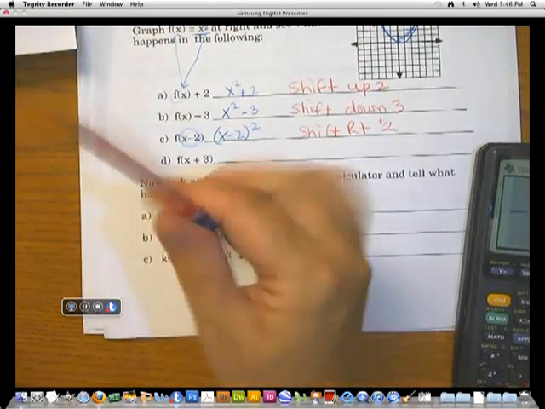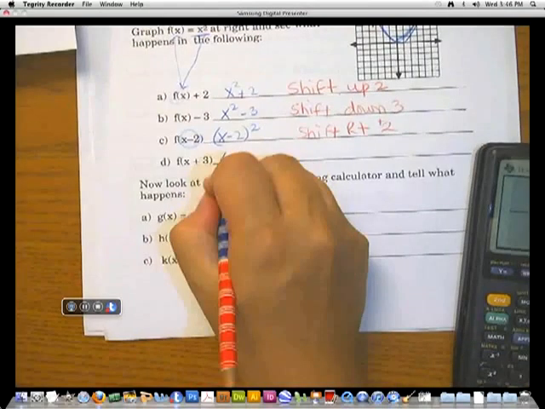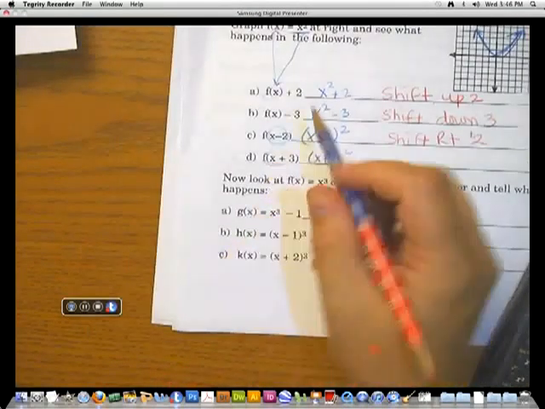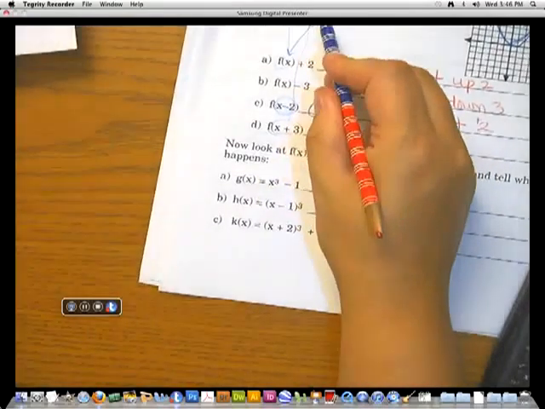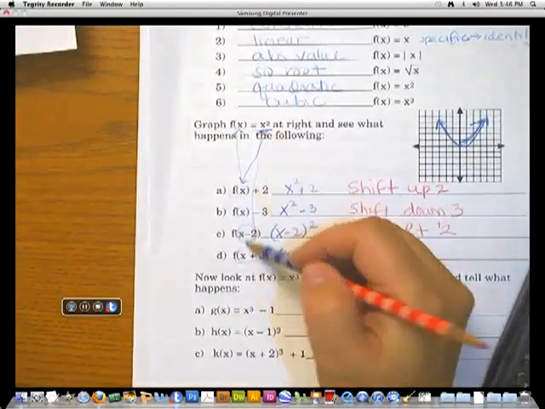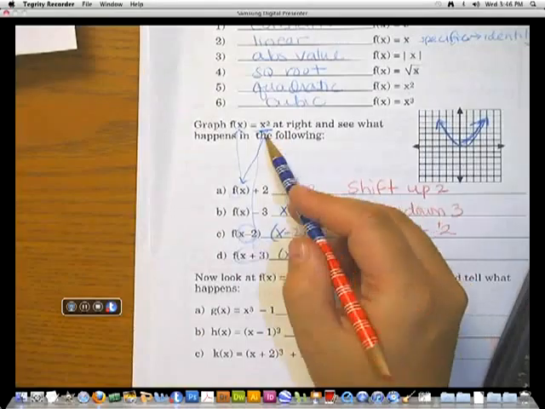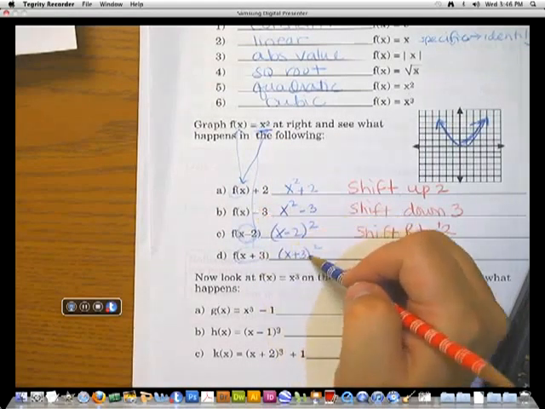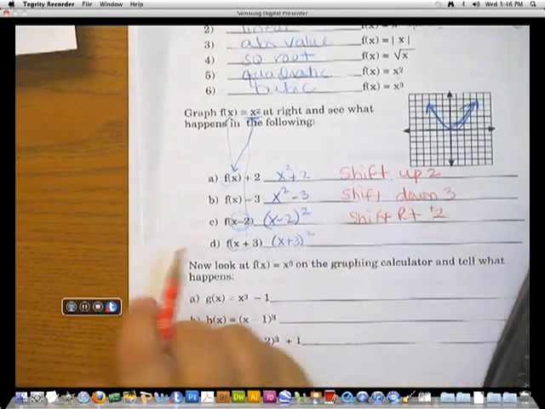So what conjecture would we think if it's x plus 3 squared? And again, we're plugging the x plus 3 into the x location because it says f of. So that means that x is being replaced with the x plus 3. X plus 3 squared.